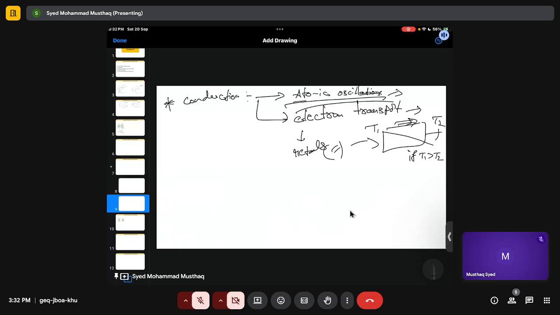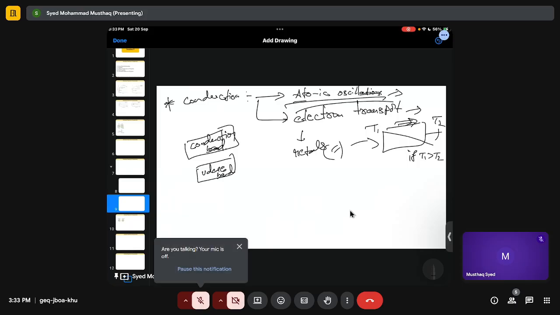Because in metals you have the valence band and the conduction band. These are the two bands which you normally see. When you supply some energy, the electrons jump from the valence band to the conduction band.